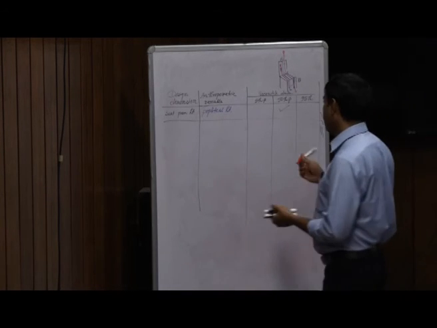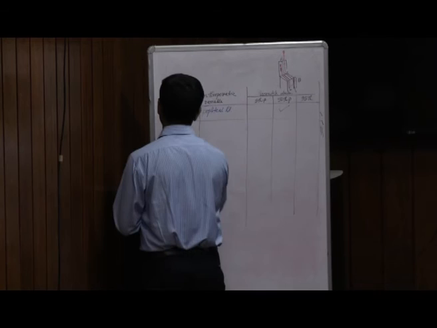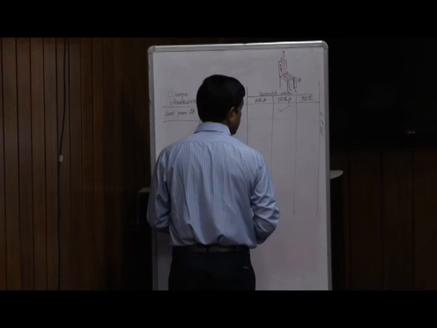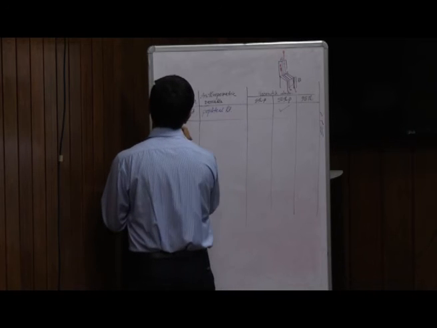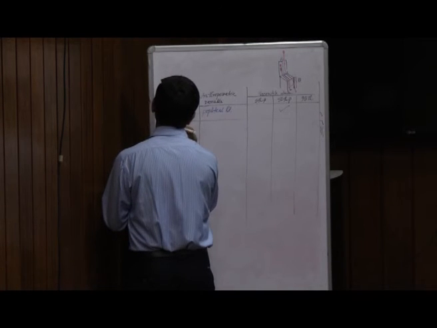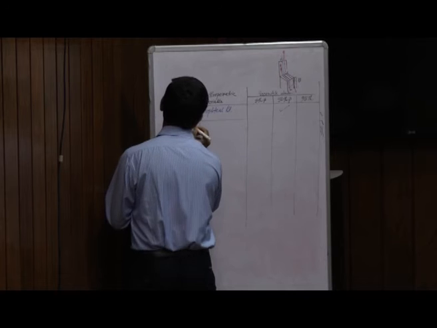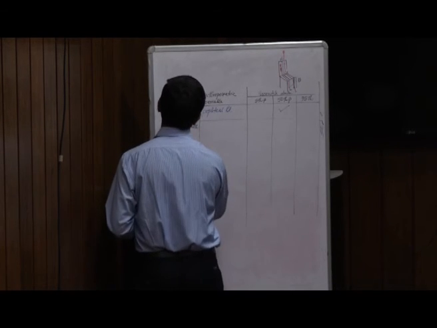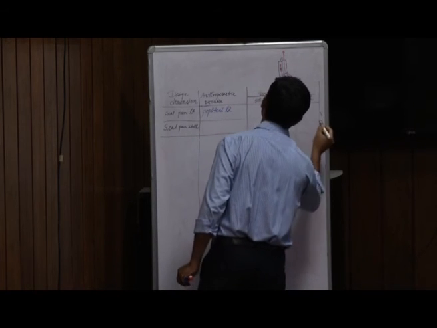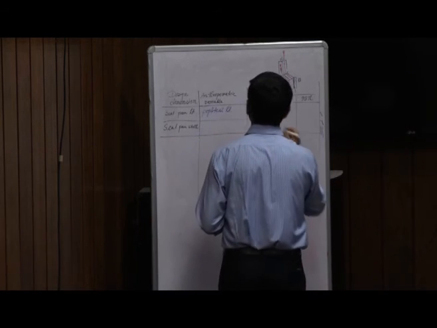Next, seat width. The next design dimension is seat pan width. In the case of seat pan width, what is the corresponding anthropometric variable?